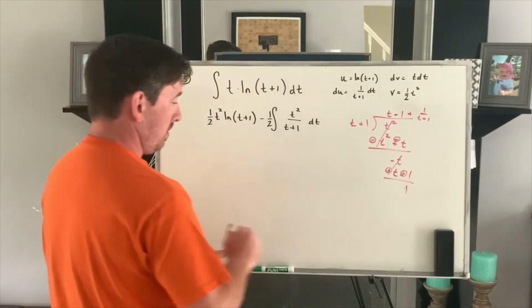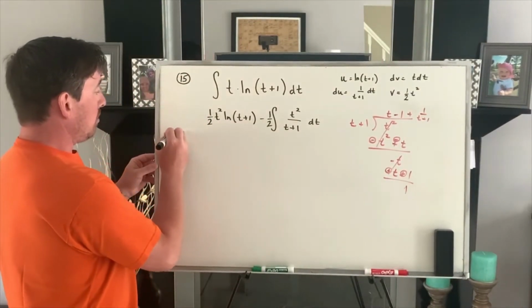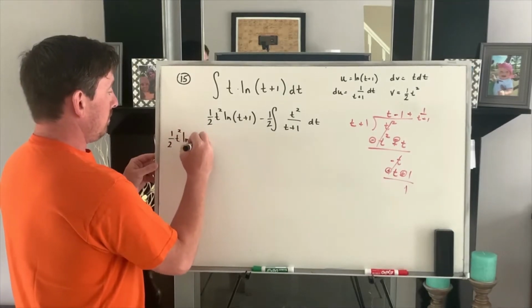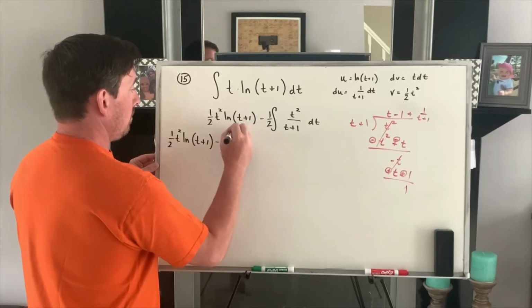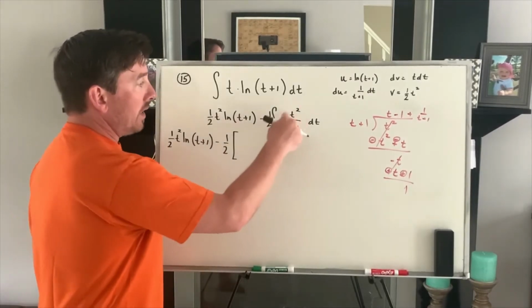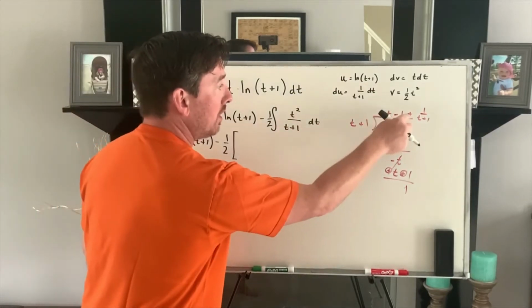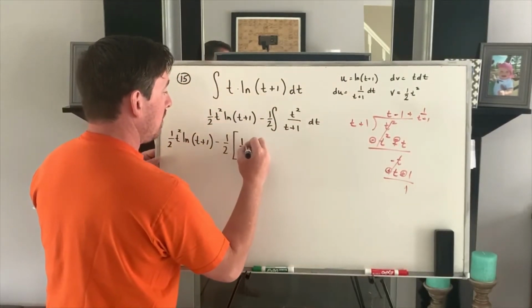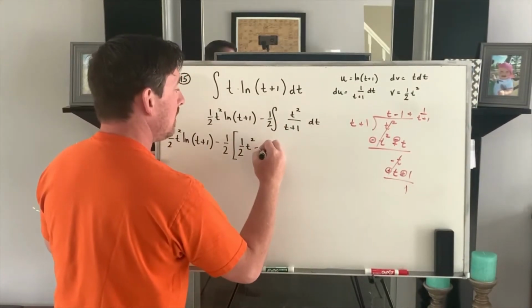So back to here, I'm going to need a little more room, so let me slide over a little. Instead of integrating this version of our expression, I'm going to integrate that one. That's easy enough. T goes to 1/2 t squared, minus the 1 goes to t.